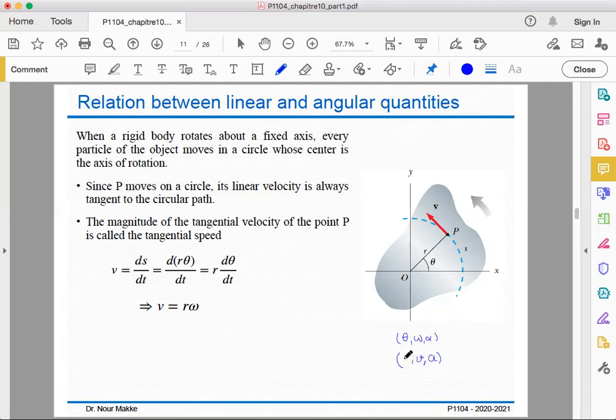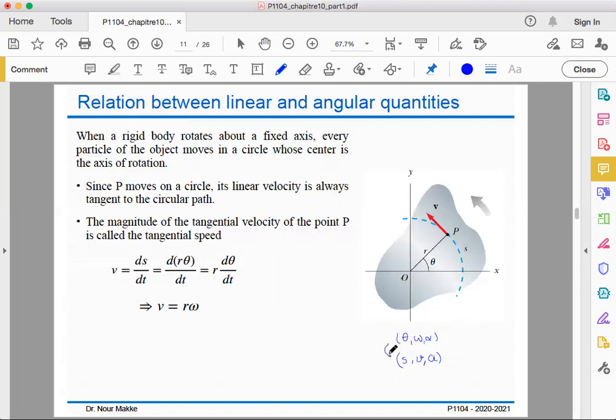And here, instead of x, I will put s, because s is more suited in this case, as it defines the length of the arc of circle traveled by the particle. It doesn't make much sense to put x, because the particle is not moving on a straight line but along a circle. So instead of x, we are going to put s.